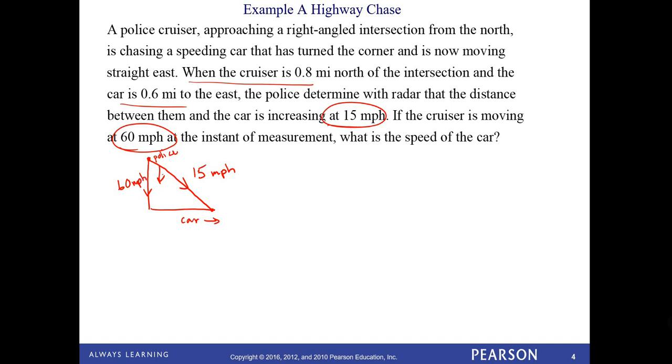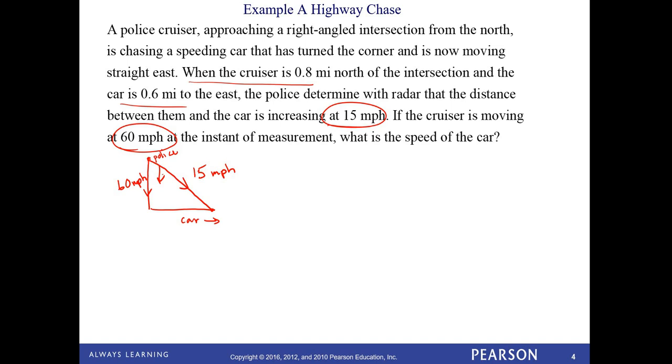Now there's a really important point to make here. When we are talking about speed, we need to pay attention to whether it is positive or negative. If something is moving to the right, it's positive. If it's moving to the left, it's negative.